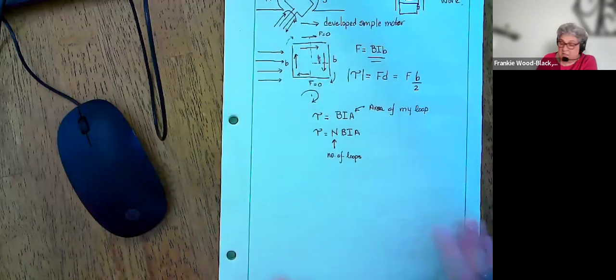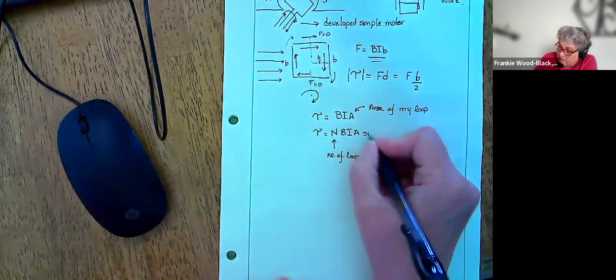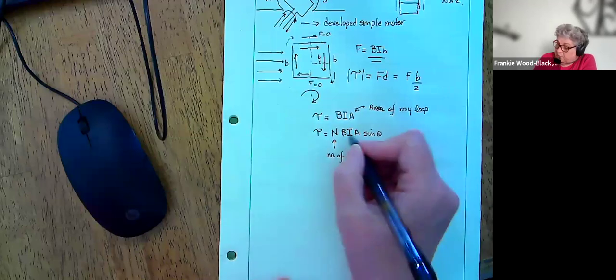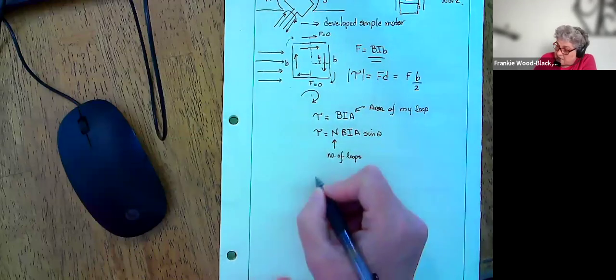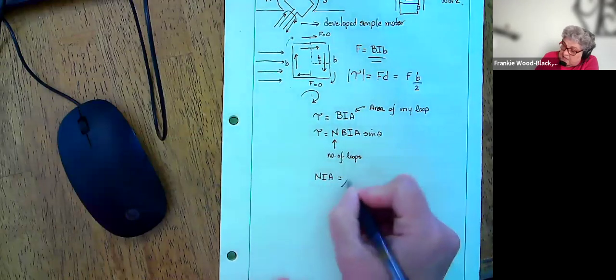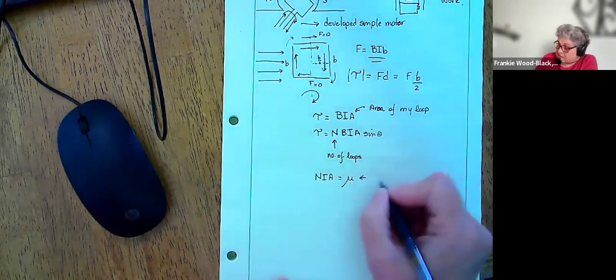If I incorporate my angle here, we are going to define this NIA, and give it a mu, and call this the magnetic moment.